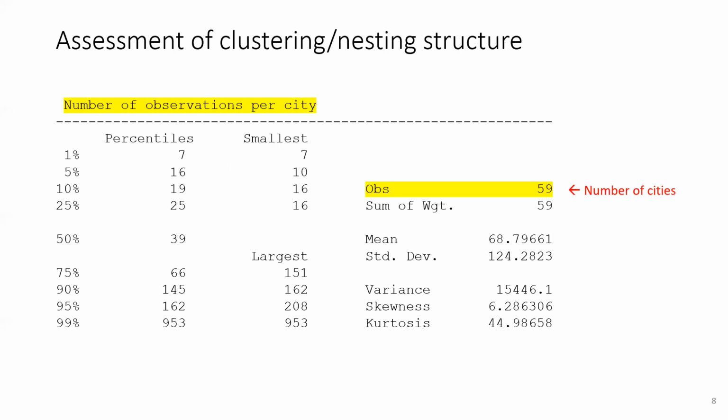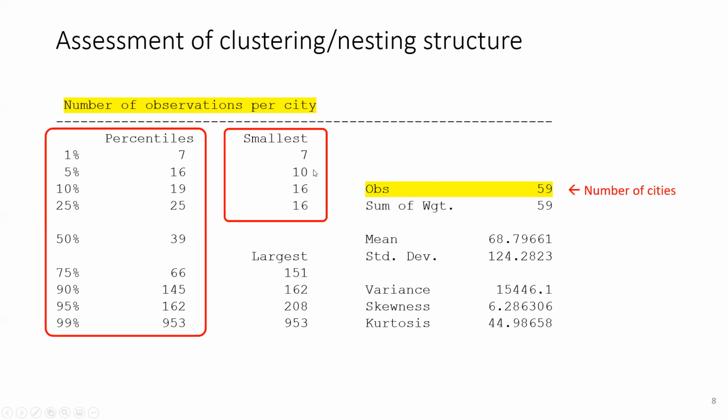First of all, we have about 4,000 individual records, which come from 59 cities. And in terms of number of observations, the smallest city has 7 individual records.